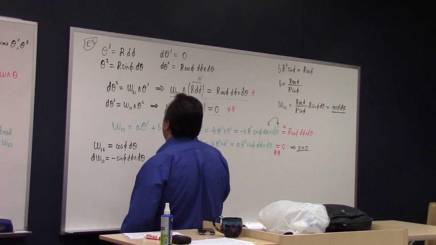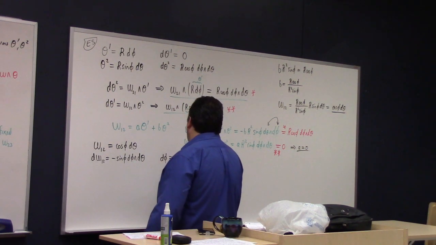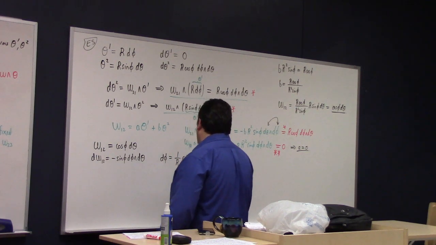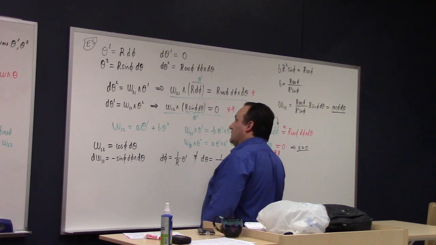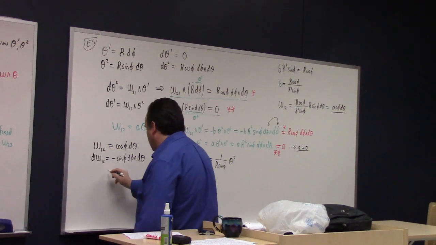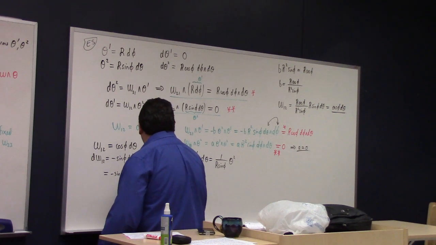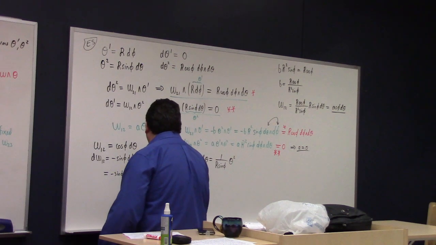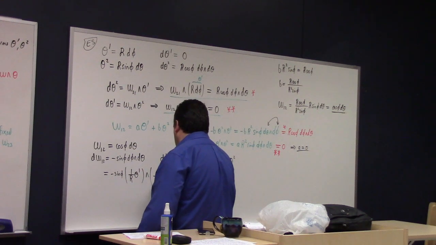But maybe it would be profitable for us to say d phi is equal to 1 over r theta 1, and d theta is actually 1 over r sine phi theta 2, right? So this is minus sine phi times d theta, which is 1 over r theta 1, wedged with theta 2 divided by r sine phi.